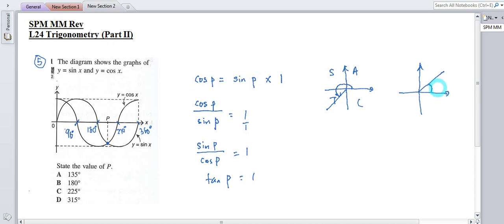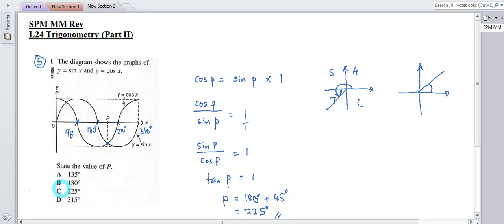Definitely it cannot be 45 degree here, because this is actually between 180 and 270. So we know that the angle is this one. So P is actually equal to 180 plus 45 degree. Okay, so we know the answer is actually 225.